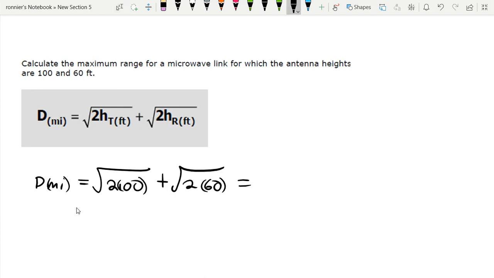So, ang sagot ay 25.1 miles. So, ito daw yung maximum radio horizon na mangyayari pag yung antenna height ng transmitter and receiver ay 160 feet. Okay? So, madali lang, no?